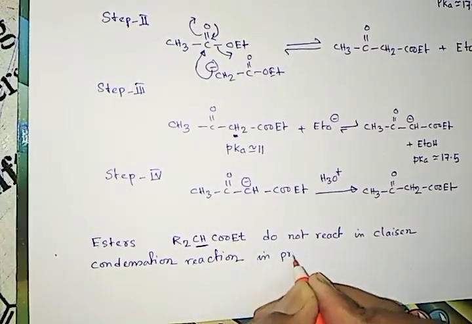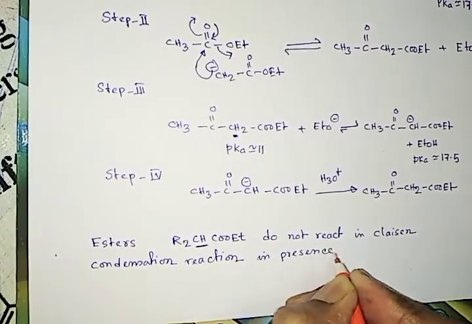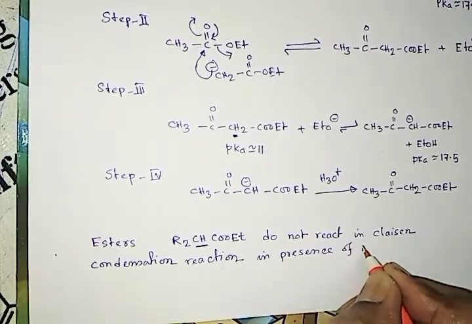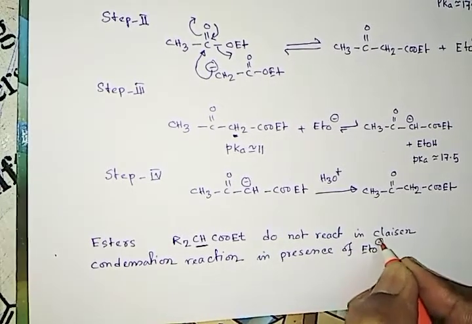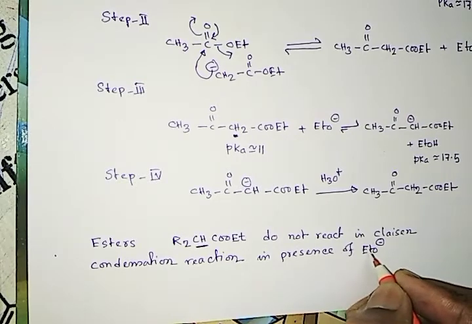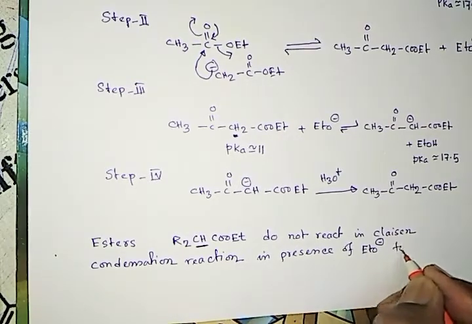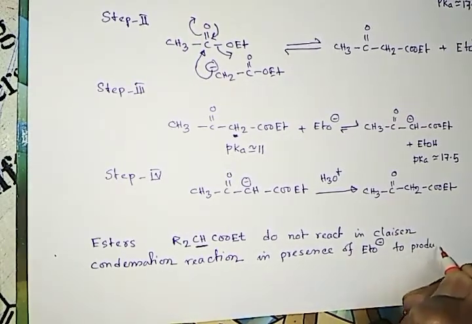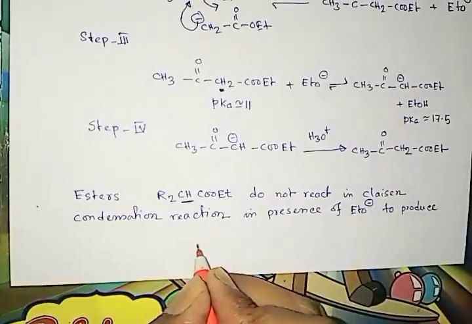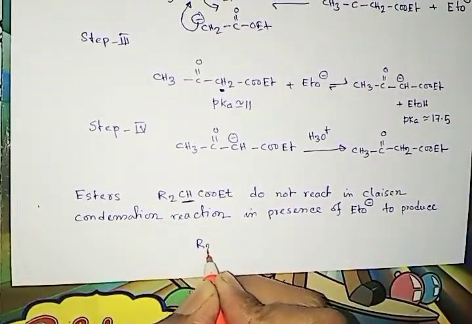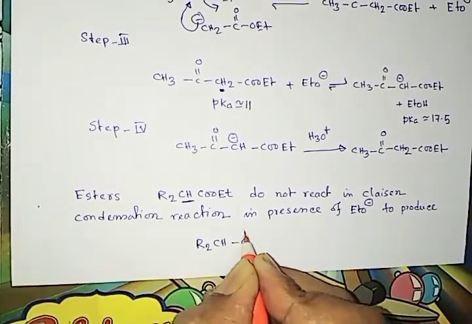in the presence of ethoxide base. Here it is important, in the presence of ethoxide base, to produce R2CH.